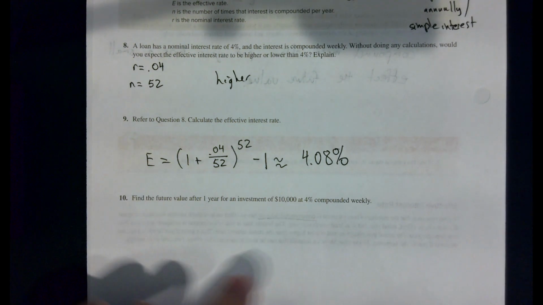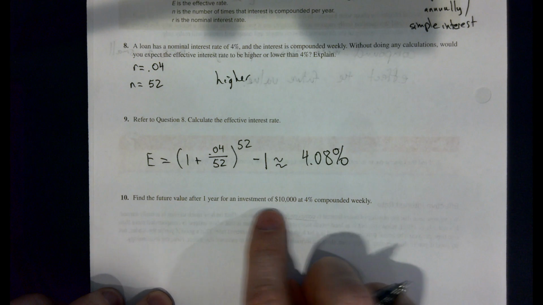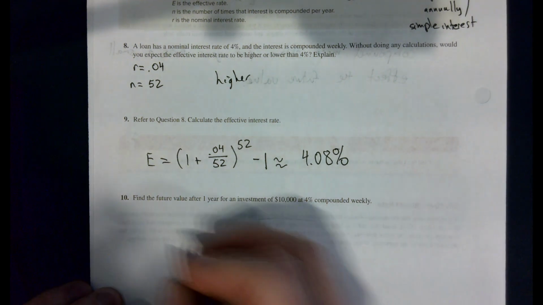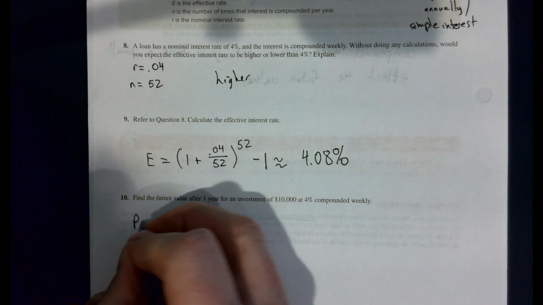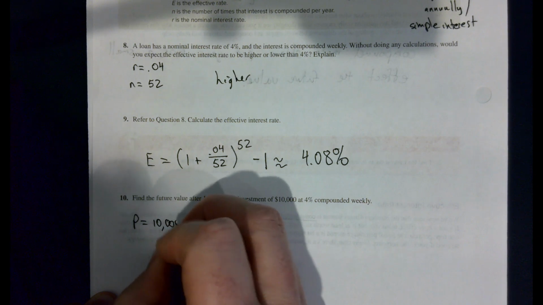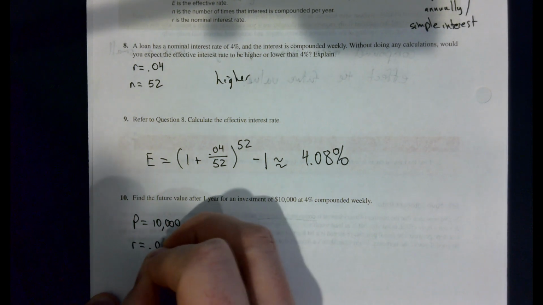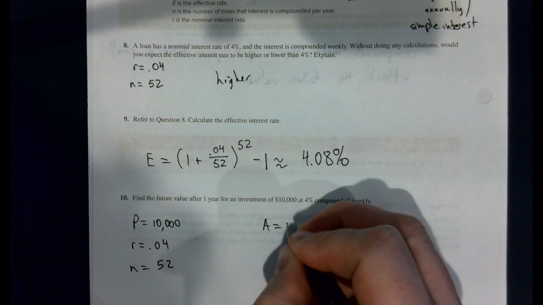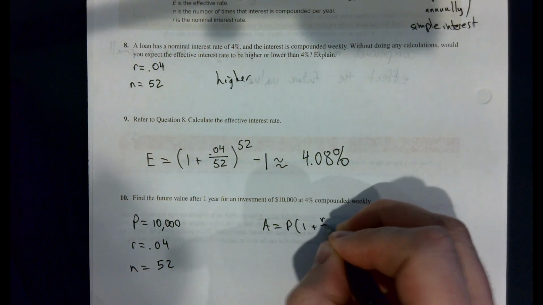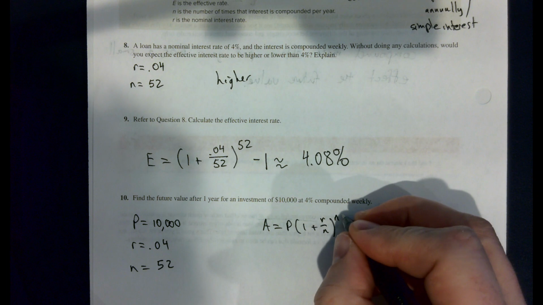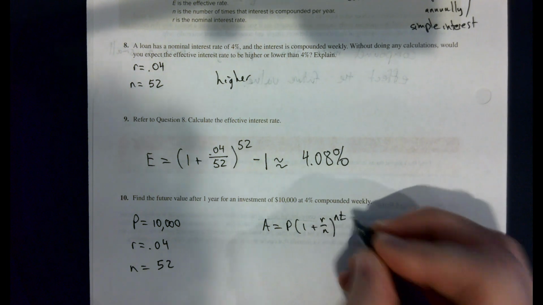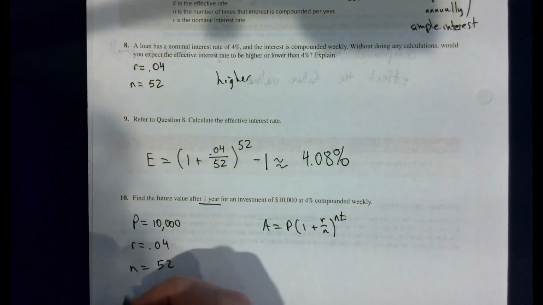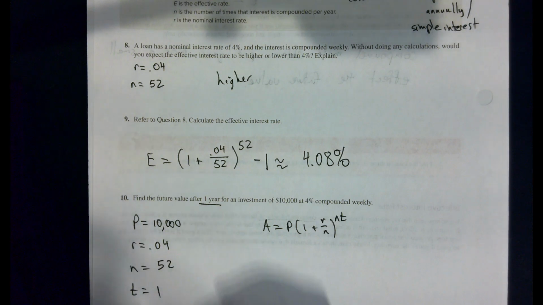So we're going to find the future value then if we had $10,000 compounded weekly. Well, note that now we're given a principal of $10,000. It's the same R, it's the same N, and our future value formula is the principal times 1 plus the rate divided by the compounds raised to the N times T. Note, I forgot to label that we're doing this for 1 year.